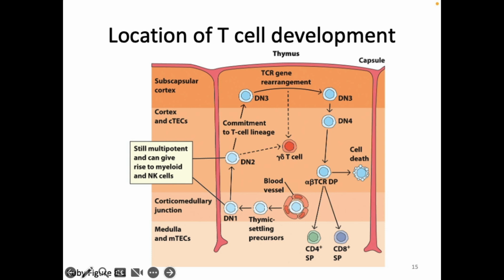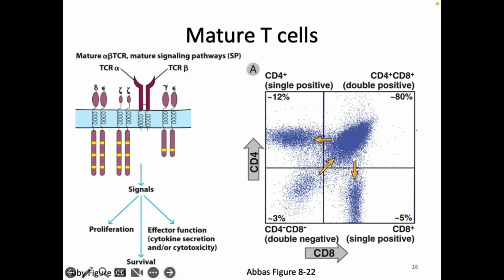Here we are at our double positive. The cells may die. They're moving towards the medulla. Not so many of them are going to make it to the medulla because so many of them have died. And these are sort of our mature double positive T cells.